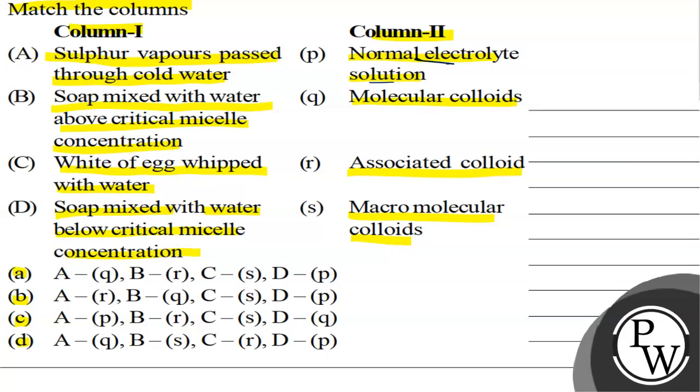So if we want to match option number P with the options in column 1, तो हमारा option number D will match with option number P, soap mixed with water below critical micelle concentration. D will be the answer for P.